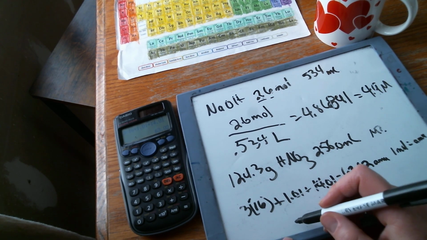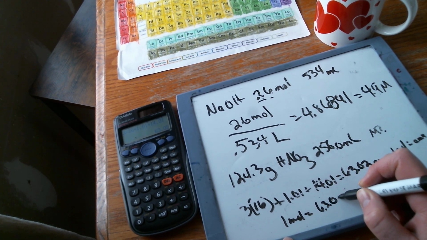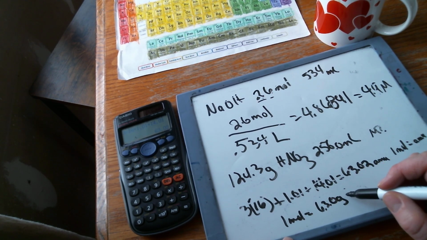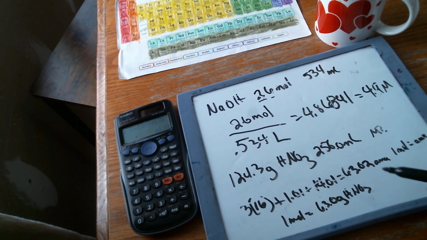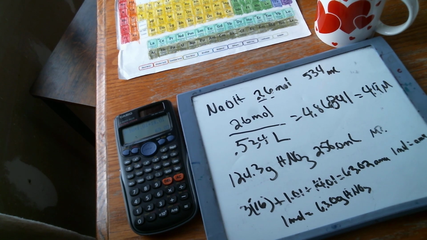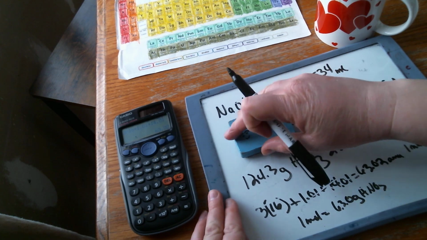Okay, so 1 mole equals 63.02 grams HNO3. I just said that over here. Okay, so we have this many grams though. So I need more space. We'll erase this up here.